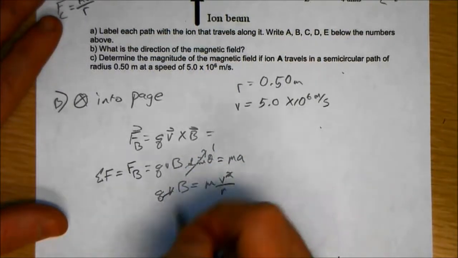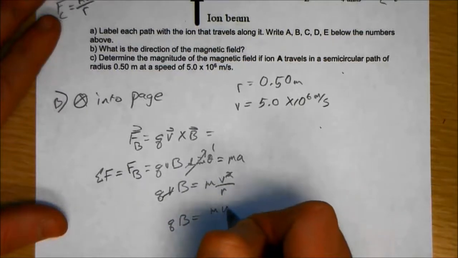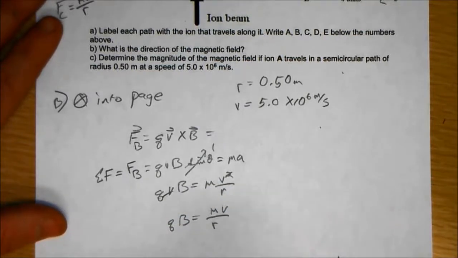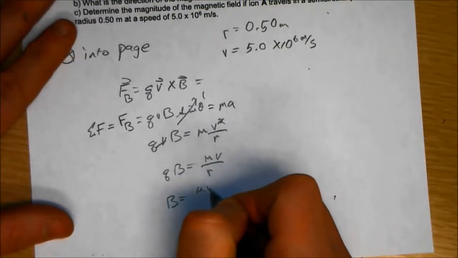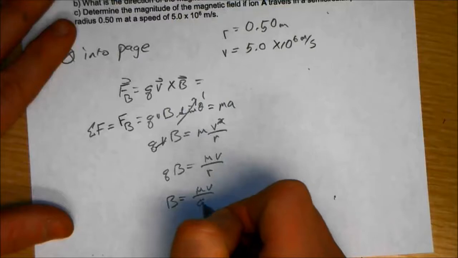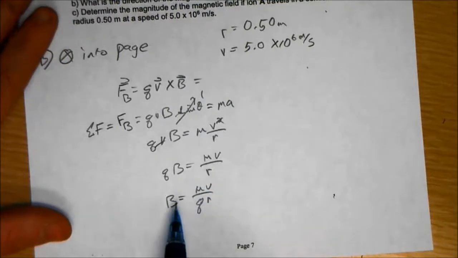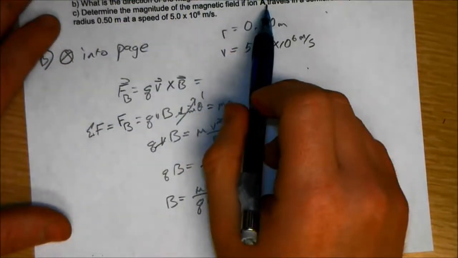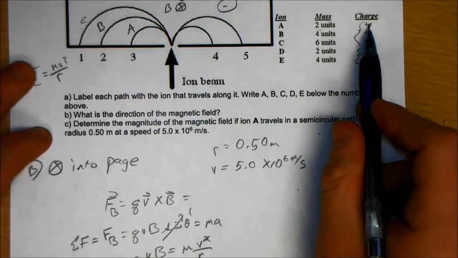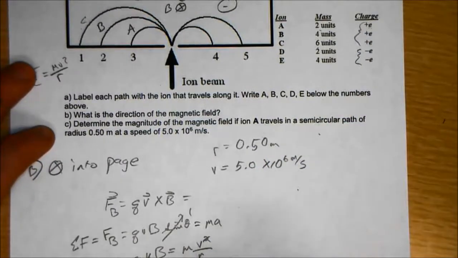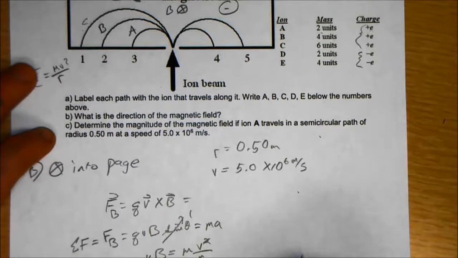Some canceling here. QB equals mv over r. And we're solving for magnetic field, so B equals mv over qr. And we are looking at ion A. So ion A has a positive E charge, and the mass is 2 units.